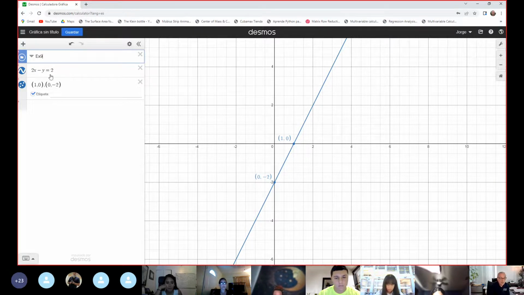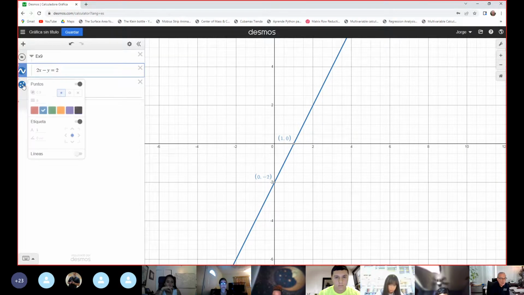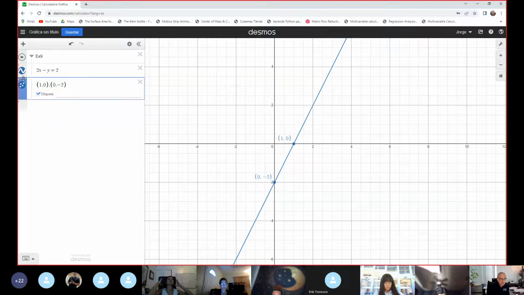So example 9 includes the line. You take this row, you hold the left click of the mouse and drag, and you see how it automatically creates a line that represents that this and this statement belong to example 9.